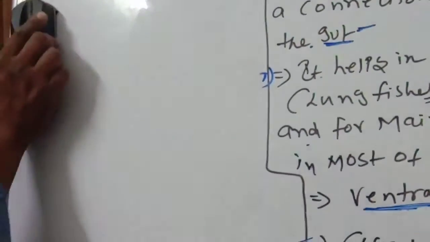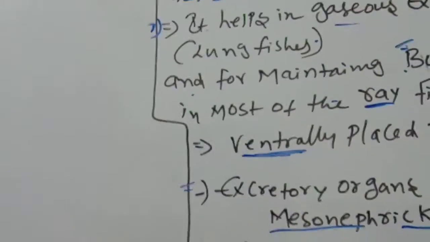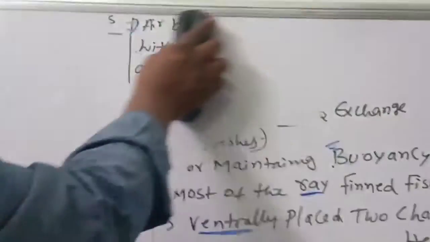Then we are going to discuss the next class of vertebrates, called amphibians. Observe carefully: class Amphibia.